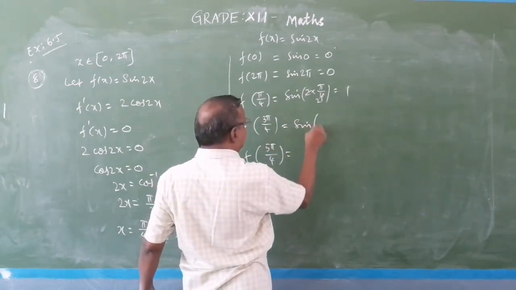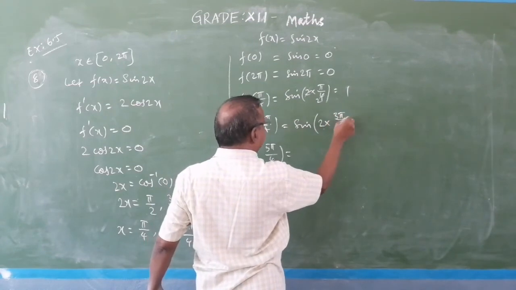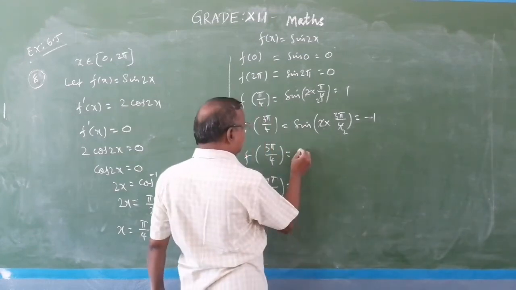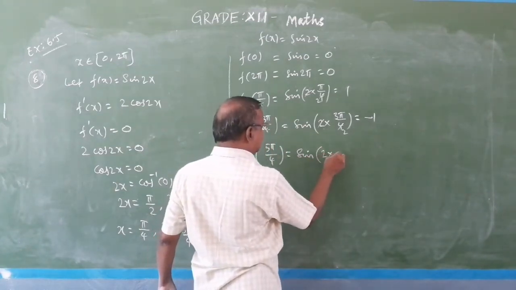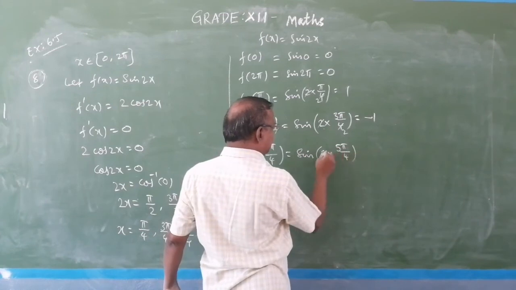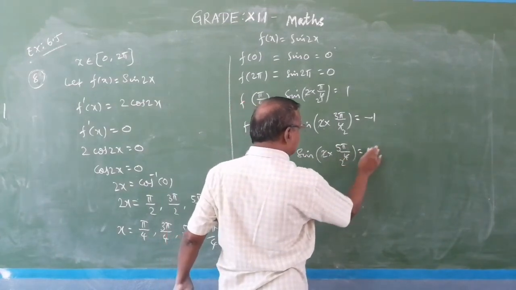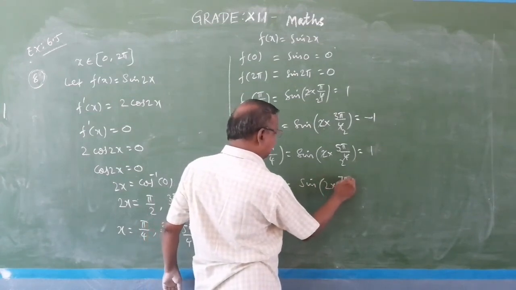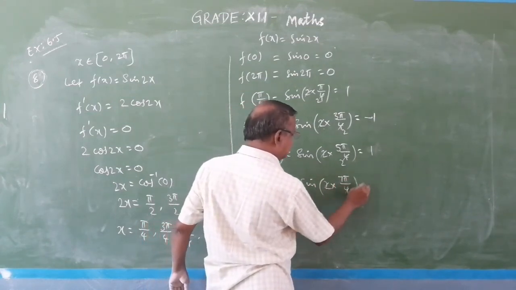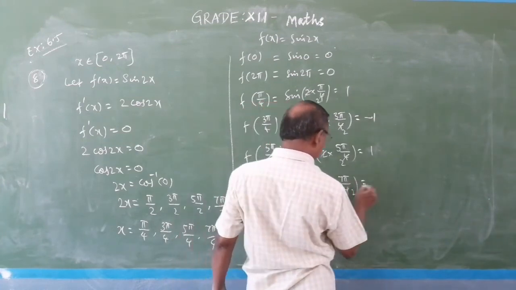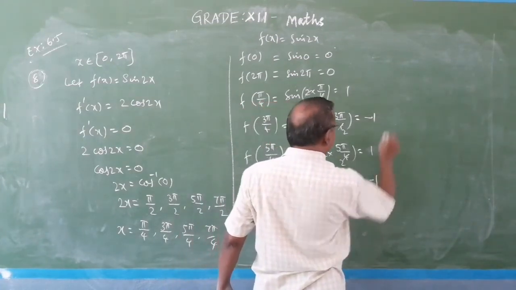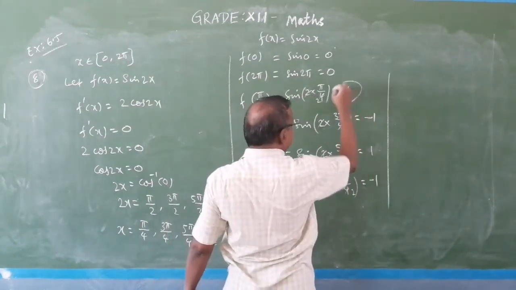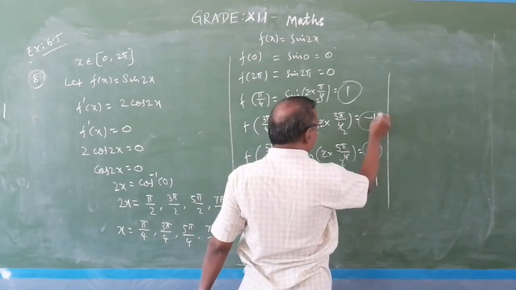Similarly, sin of 2 into 3 pi by 4 is sin 3 pi by 2, which is minus 1. Sin of 2 into 5 pi by 4 is sin 5 pi by 2, equal to plus 1. Sin of 2 into 7 pi by 4 is sin 7 pi by 2, equal to minus 1.